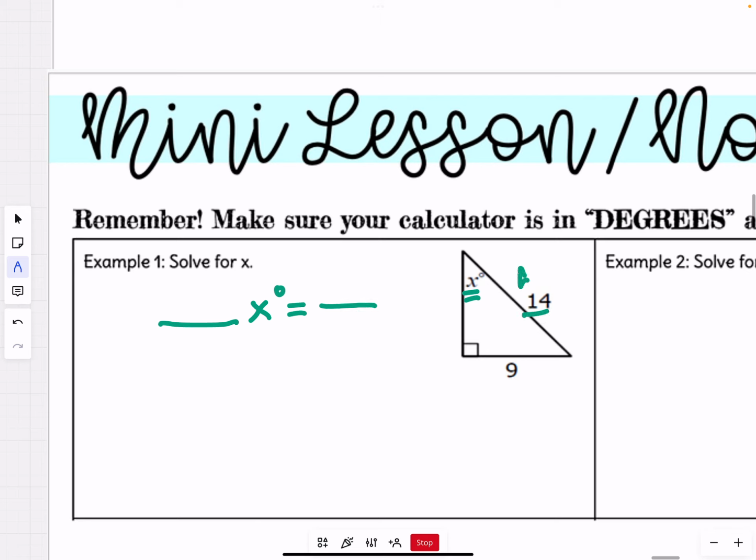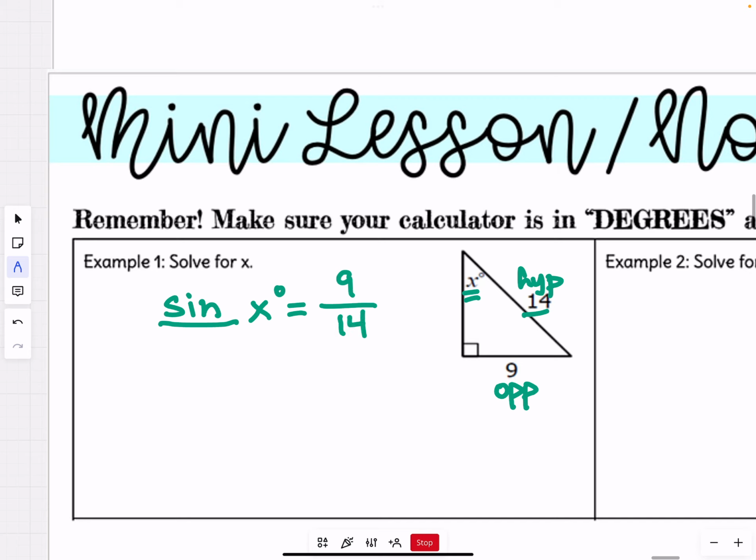We know the hypotenuse and we know the opposite side, right? So which trig function, sine, cosine, or tangent, has opposite and hypotenuse? That will be sine of x, and the sine is the opposite over the hypotenuse, so that's going to be 9 over 14.